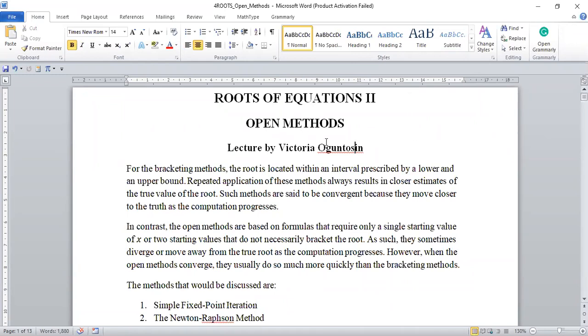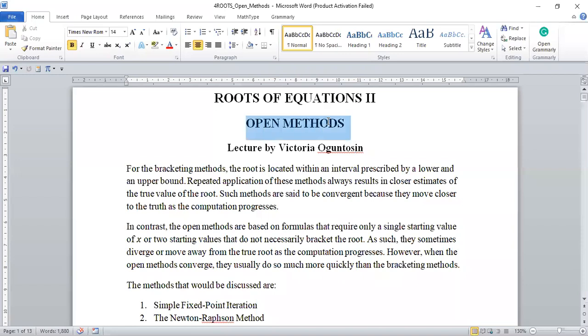I'm just summarizing now. Last class we talked about bracketing methods. In the bracketing method, you are given two guesses, and you are sure that the root is in between those two guesses.